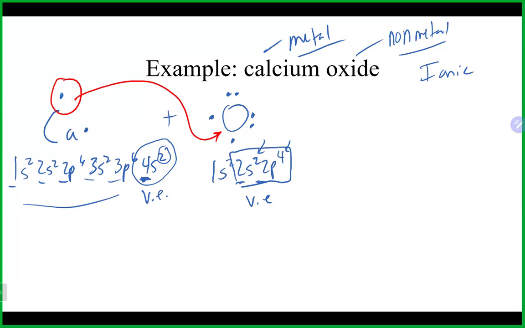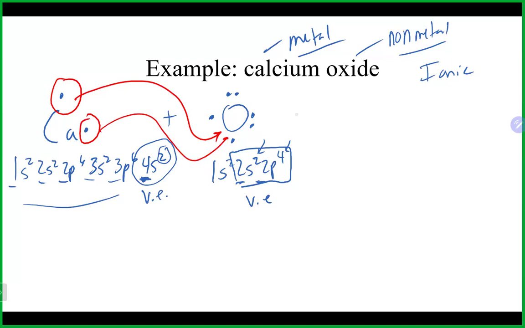If it loses 1 electron, it only backs up 1 spot, right? And it would only end up at potassium, which is not a noble gas. So that is why calcium here wants to give away not 1, but both of its electrons, so that it can really achieve what it needs to achieve.